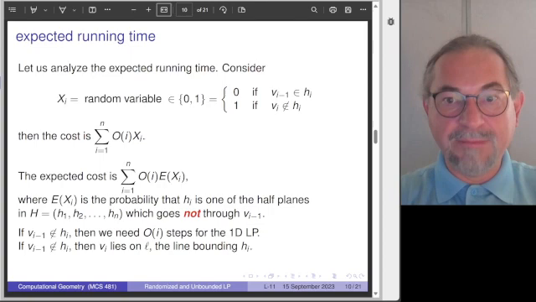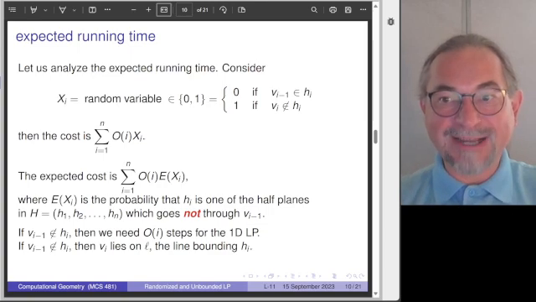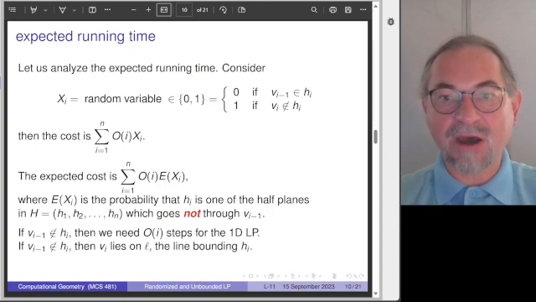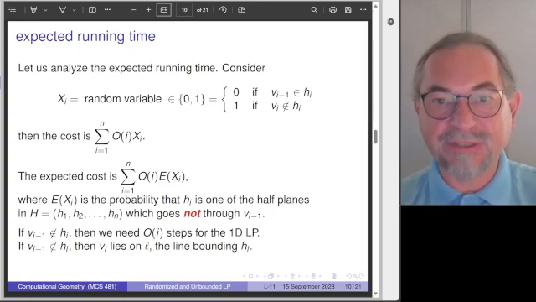So we may be in the fortunate situation where the current optimum already satisfies the new added half plane. In that sense, there is no cost. So that's why we have a 0, 1.